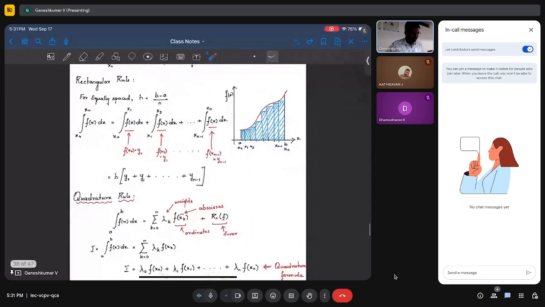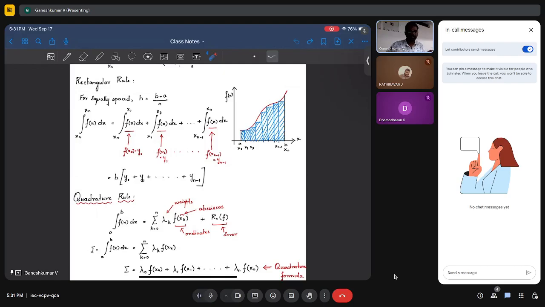The other rule is the rectangular rule. For example, if they have given you x naught and f of x, all these require you to construct a polynomial and integrate. But what you can also do, without constructing the polynomial, if the tabular points are given and I want to directly find the integral, is go with the rectangular rule or another quadrature rule.